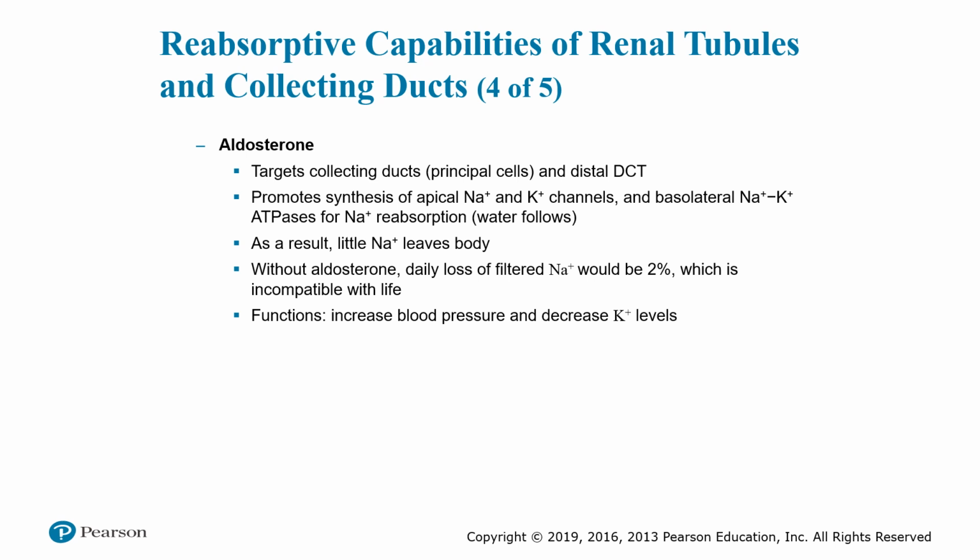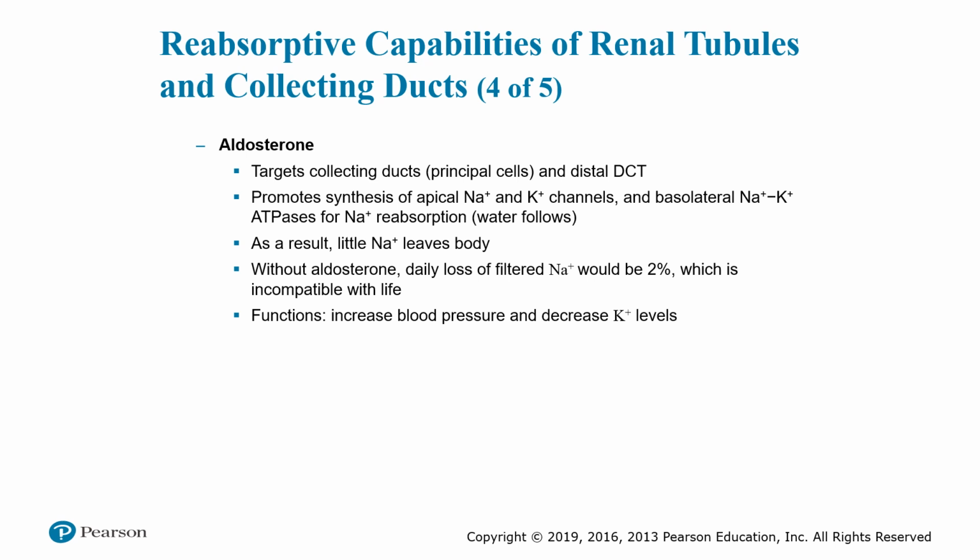Then our second hormone, which acts in the collecting duct and the distal convoluted tubule, is aldosterone. So the target cells are present in the collecting duct and the distal convoluted tubules. These target cells are the principal cells of the collecting duct. And what do they do? What is the end result of this attaching of the hormone with its receptor on the target cell?